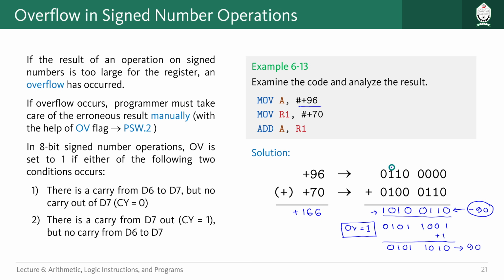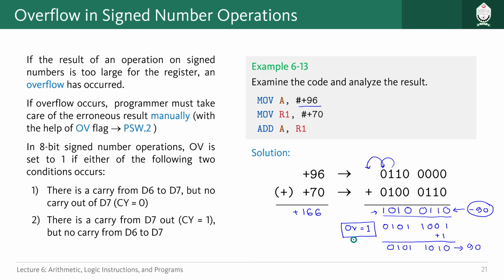So if there is a carry from D6 to D7 but no carry out from D7, which would trigger a carry flag, then the overflow flag should be 1. And another thing: if a carry from D7 to out happens but D6 to D7 doesn't happen, then also the overflow flag should be set.